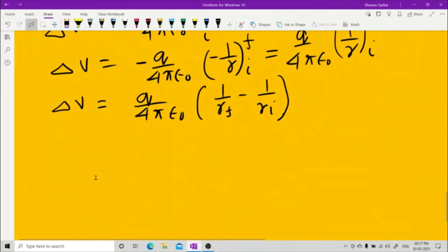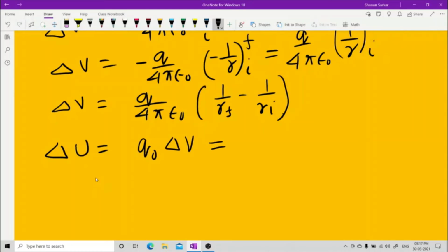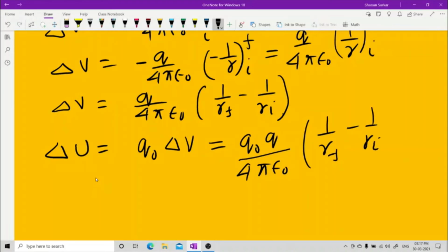Delta U is Q naught delta V. So from here you will get Q naught Q by 4 pi epsilon naught, 1 upon R final minus 1 upon R initial. This is the relation which you have got.